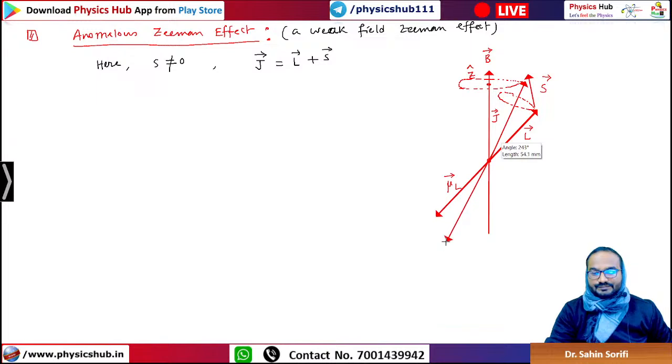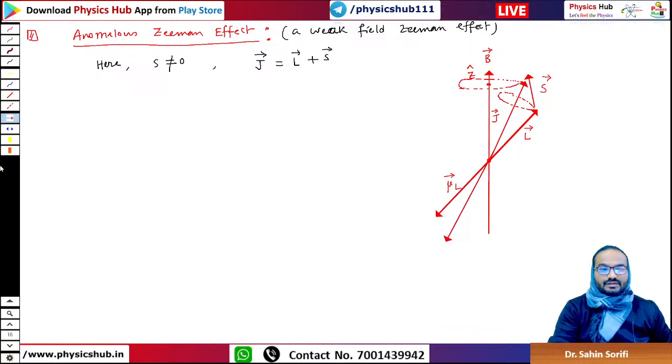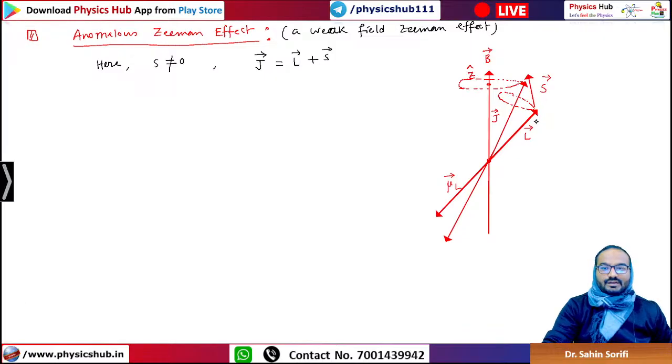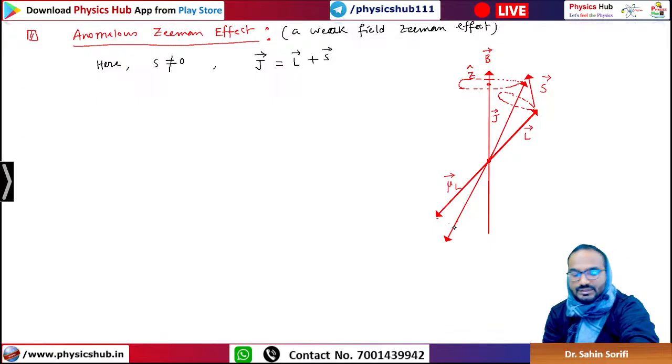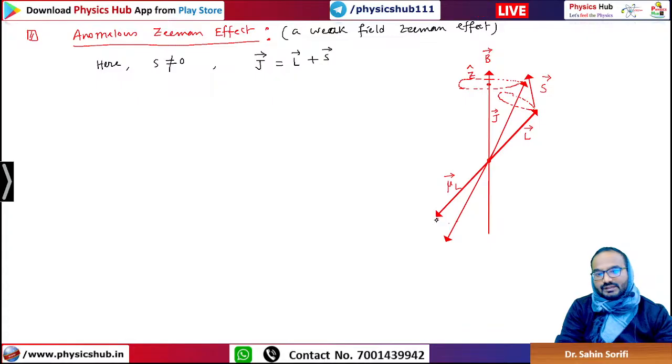So if your L is making precession, mu will also make precession. It is like two ends of a rod. If one end of the rod is making precession, the other end is automatically bound to make precession. This will also precess about the mu J direction.